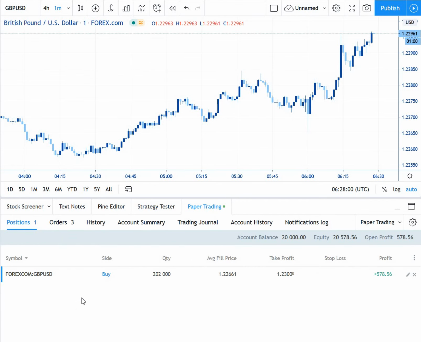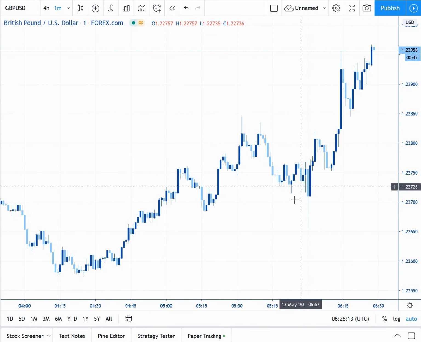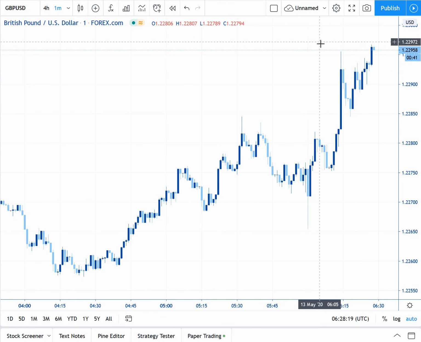Let's see if it gets to 23 big figure. Then we expect it to come back down. And I already have a take profit target of 121.10. So today, let's have a look.